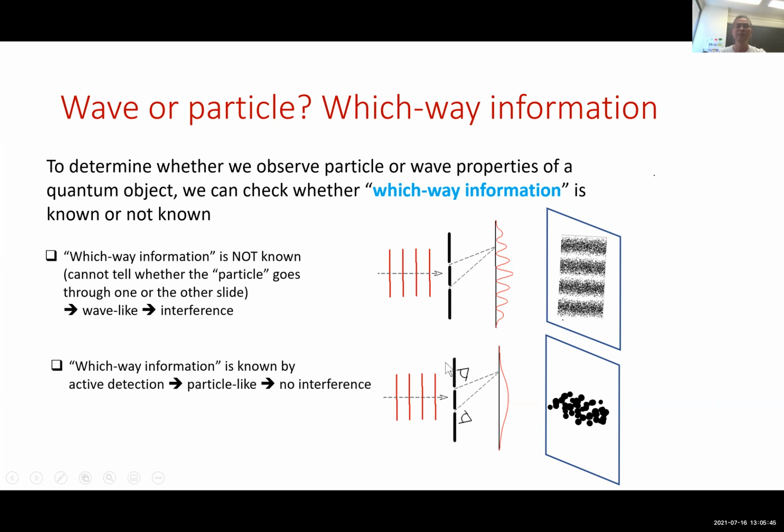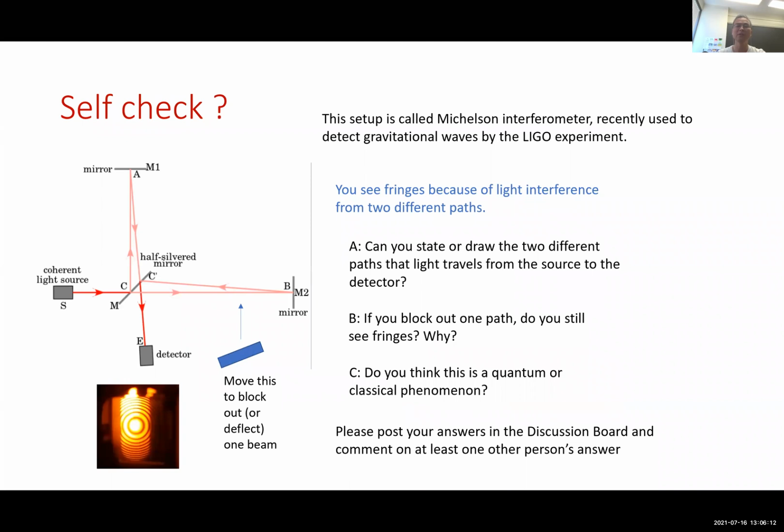If you put a detector to see which slit the object goes through, then it would not show any interference. The idea is basically there's only one path. If you know it goes through here, there's no way you can interfere. Here there are two paths, so you can interfere. This is how you determine whether it's particle-like or wave-like.